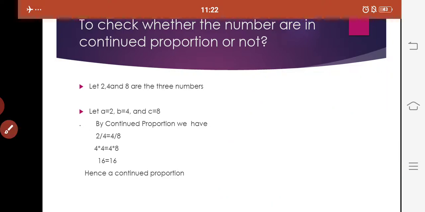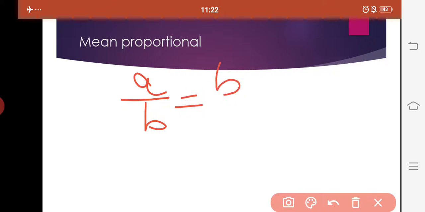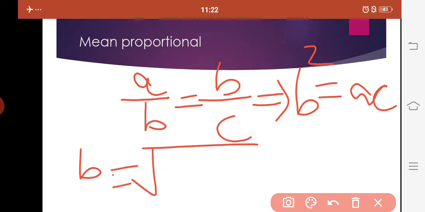Now from continued proportion, let us move to mean proportion. What is mean proportional? From continued proportion we have A upon B is equal to B upon C, which we solved to get B square equals AC and B equals the square root of A into C. Is that clear? Mean means middle term. So what is the middle term between A and C?